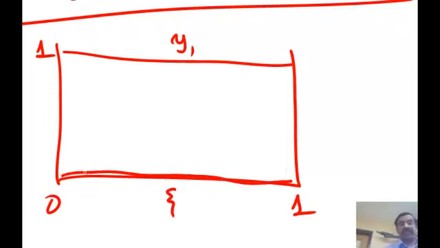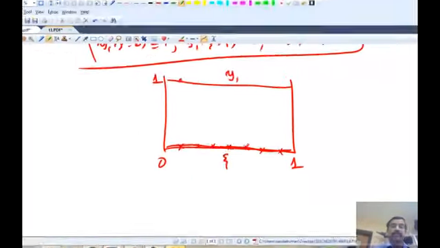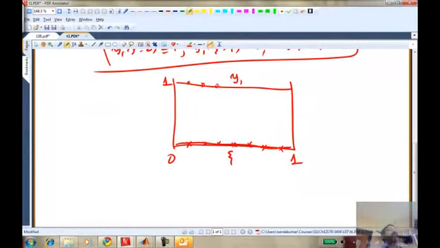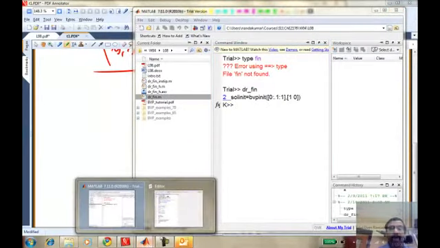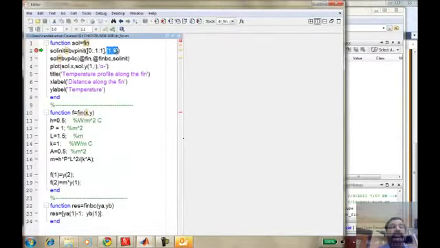And I've constructed 10 points. I'm saying, give me the solutions only at those 10 points. So the data points will come only at those. So I'm specifying my initial guess as 1 for y1 and 0 for y2. That is the second variable. These are just two numbers, but they are taken and distributed throughout.